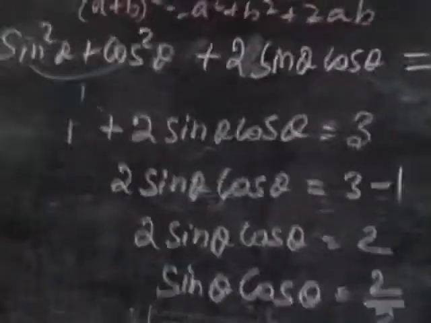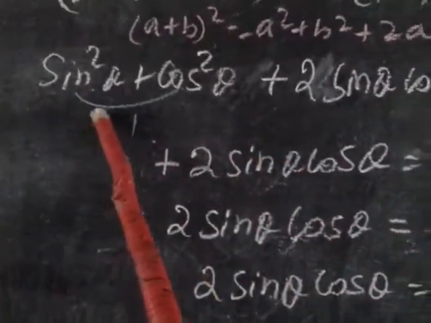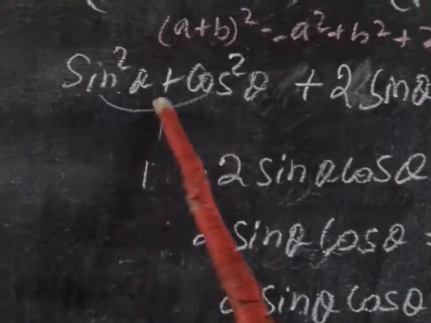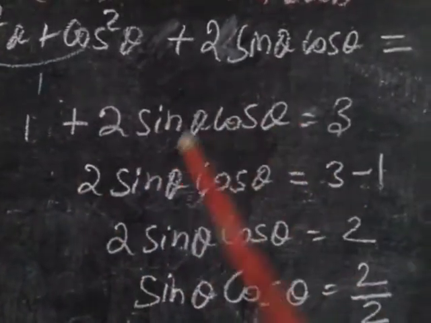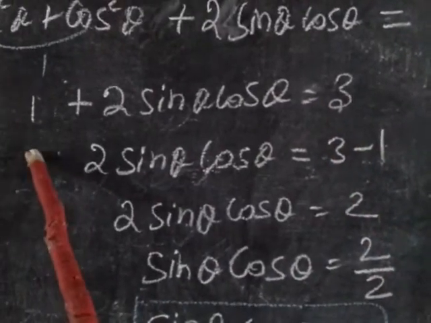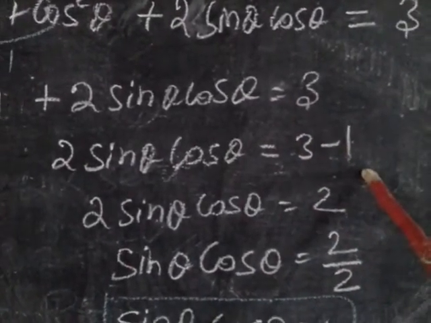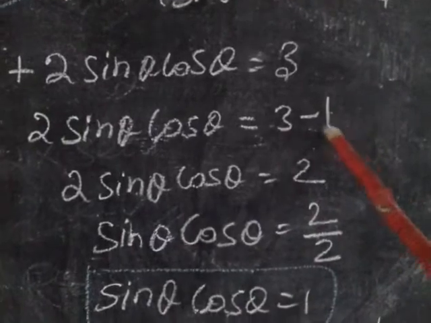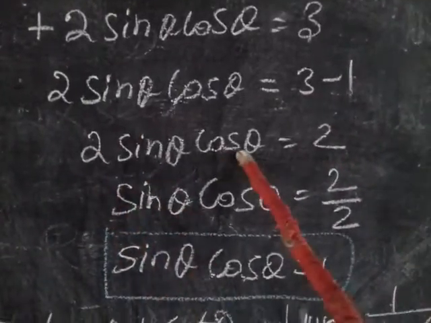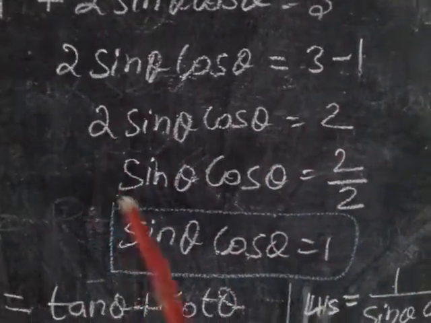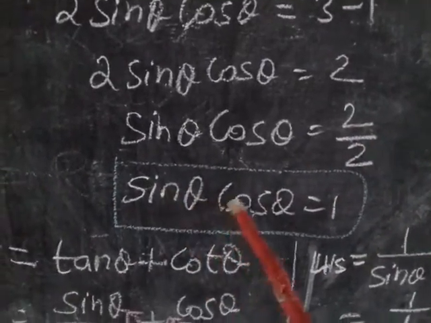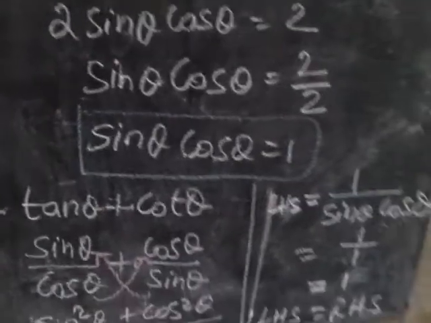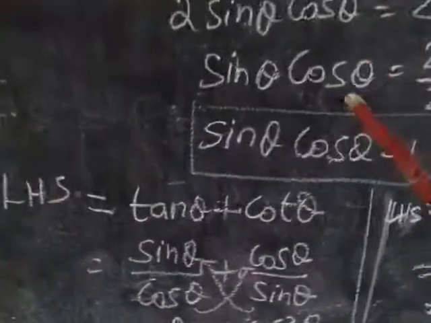Here sin square theta plus cos square theta value is 1, plus 2 sin theta cos theta equal to 3. The 1 is shifted to the opposite side, 3 minus 1 is 2. So 2 sin theta cos theta equal to 2. The 2 is shifted to the opposite side, divide 2 by 2. So sin theta cos theta equal to 1. This is one of the values.